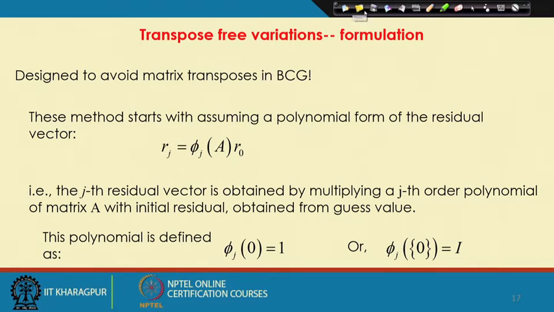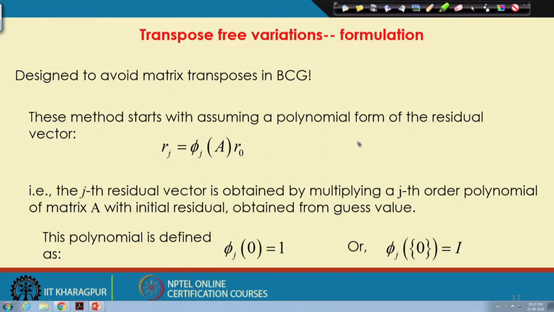So, if I write, say, phi 2 of t for a scalar, phi 2 of t is equal to a t square plus b t plus c.